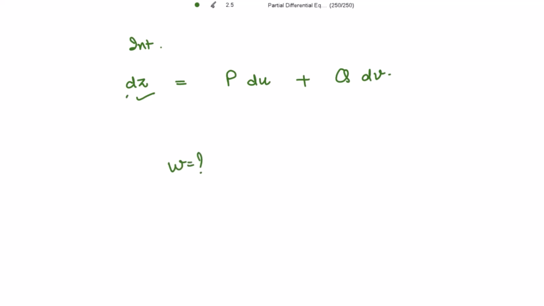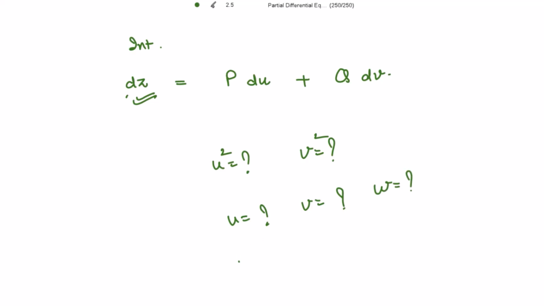In the previous example, we have written dw instead of dz, right? Because here we have only considered two variables, u square and v square, so for two variables u and v, we write dz. For three variables u, v and w, we have to write dw equal to p du plus q dv. Understood? Okay.